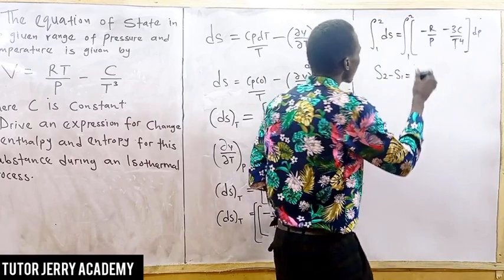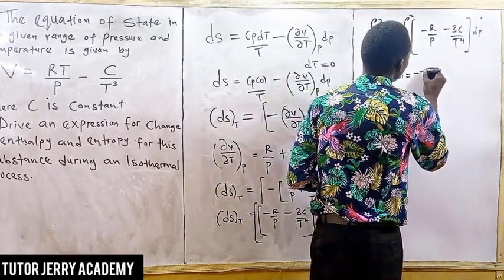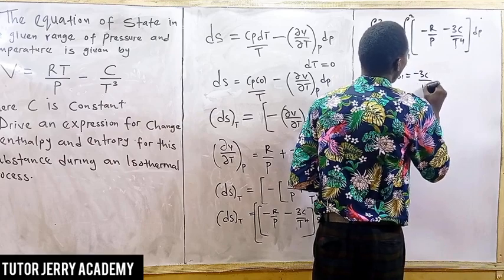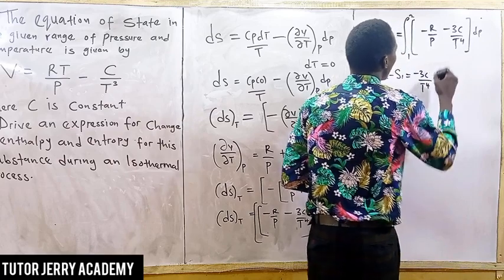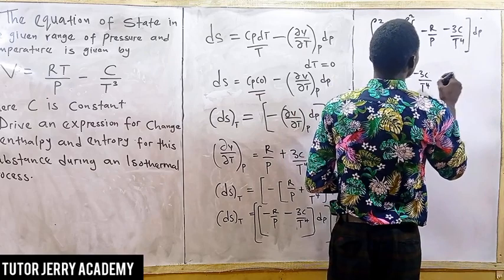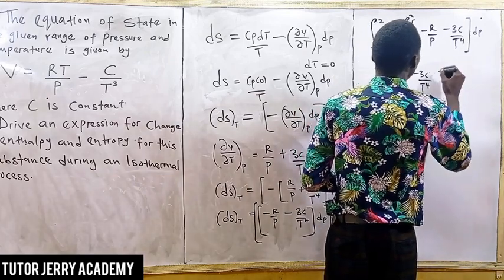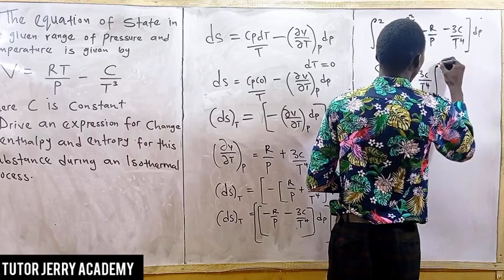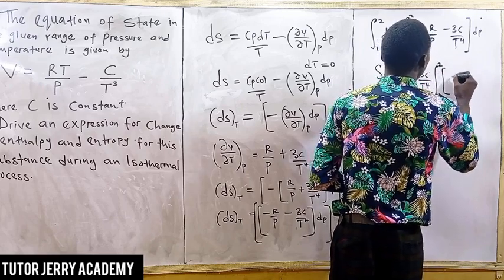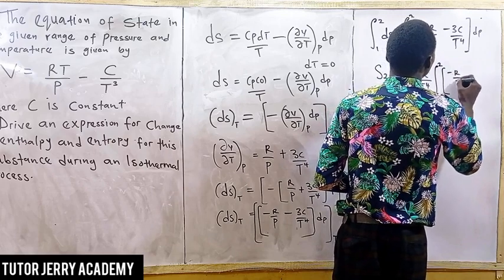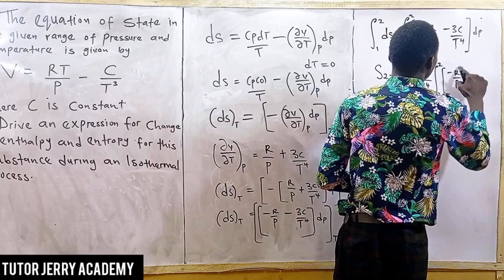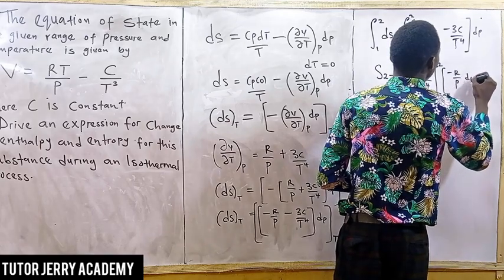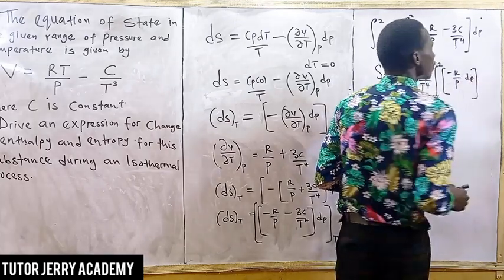If we do that, we are going to have minus 3C over T to the power of 4, minus the integral from 1 to 2 of R over P dP. So this is what we're going to have.